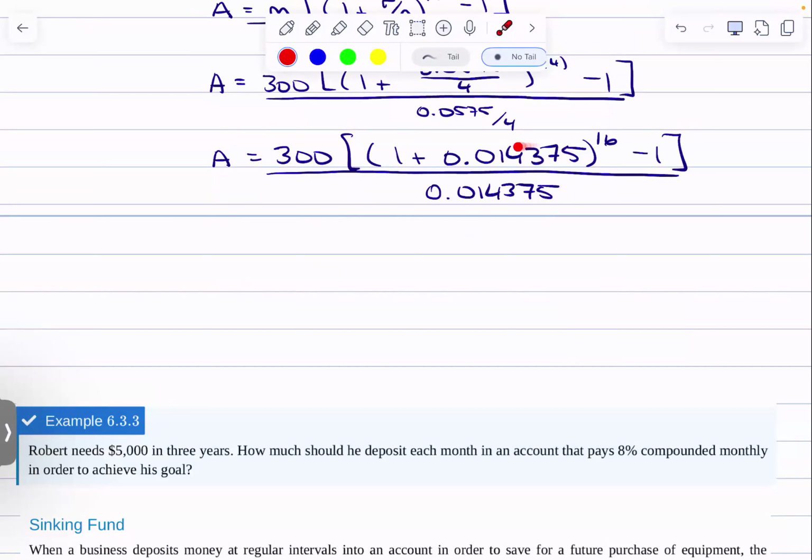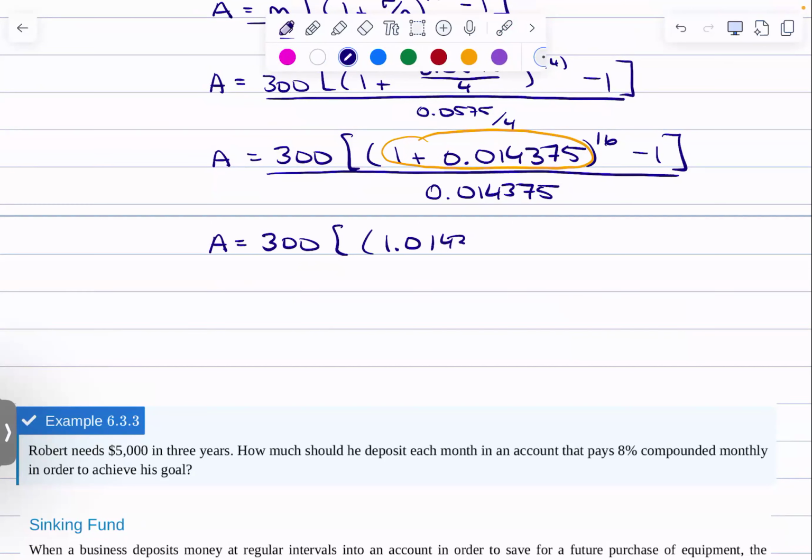So I have 0.014375 on my screen. So my next step is adding 1. So here I'm going to deal with this guy next. So A is 300 times 1.014375 to the power of 16 minus 1 divided by 0.014375.